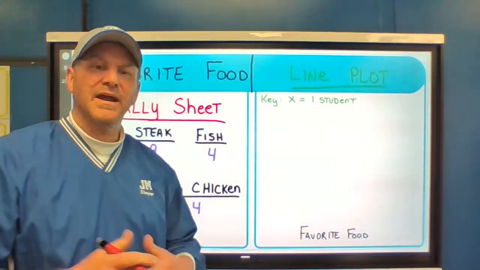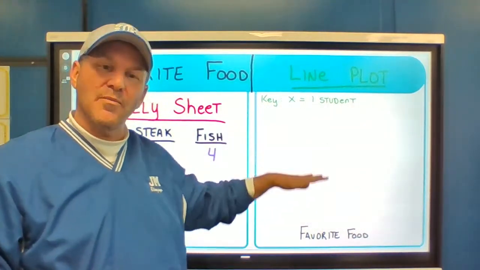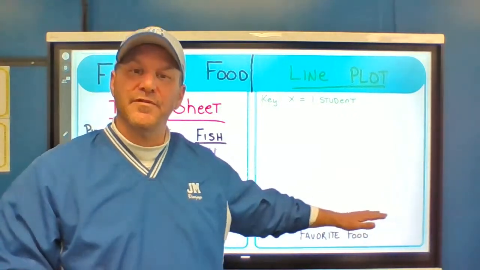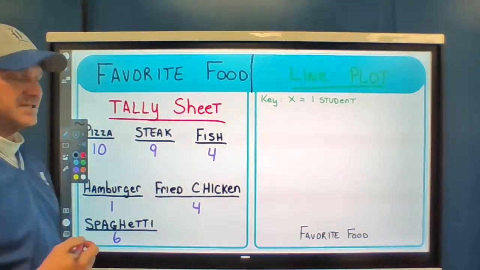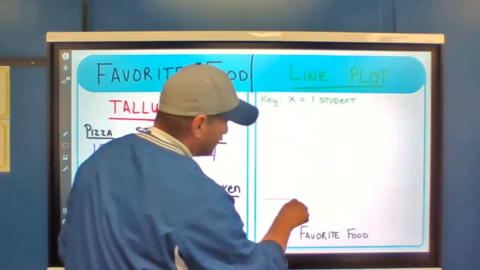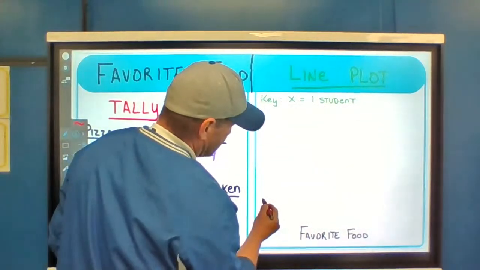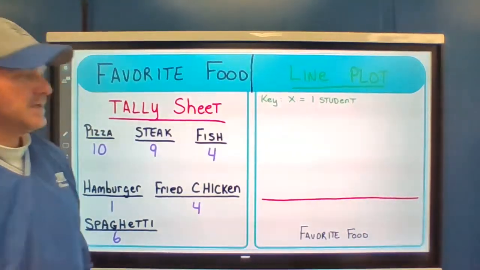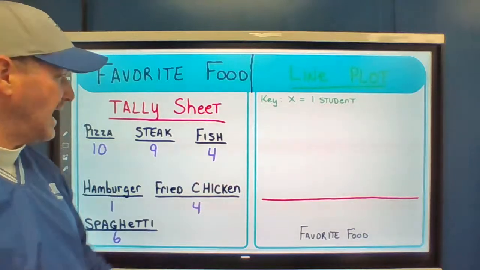Once I construct my line plot, I can see my key, so I know what all the marks mean, and I can see my title, which tells me what all the information on the bottom is. So next thing I need to do is construct my line plot. There's my line plot. Now I'm going to go ahead and categorize each hash.